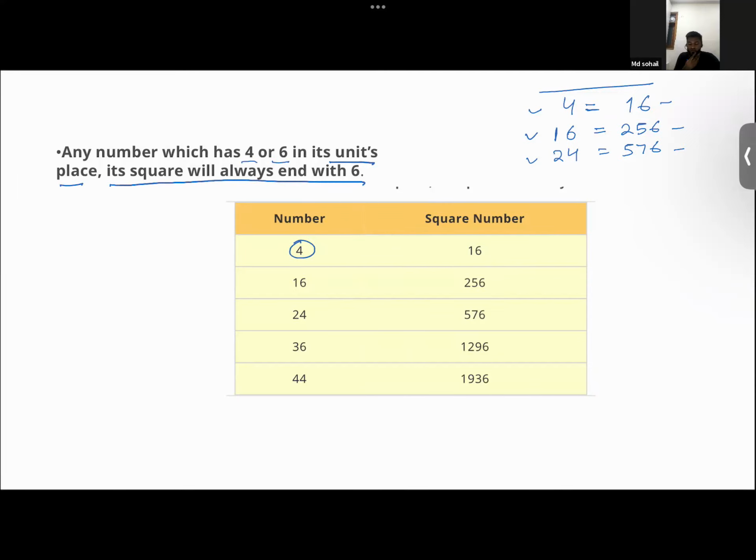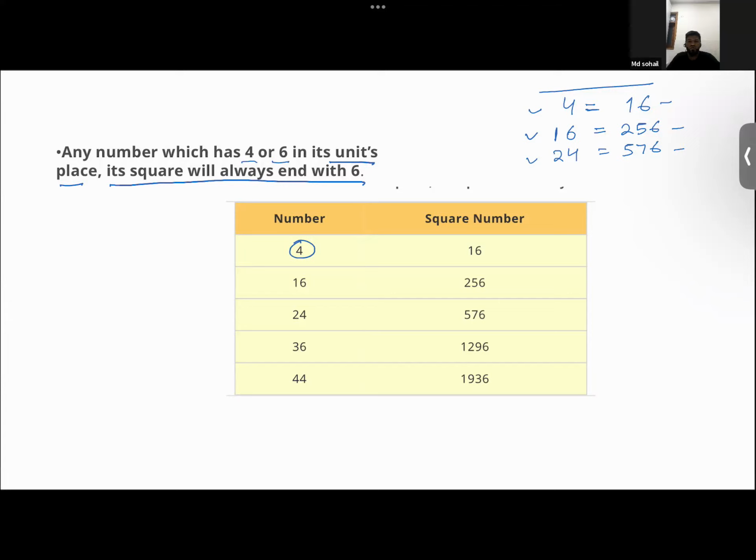So far we talked about two properties. What was the first property? A number with ones and nines in its unit place: the unit place of their square will always be 1.